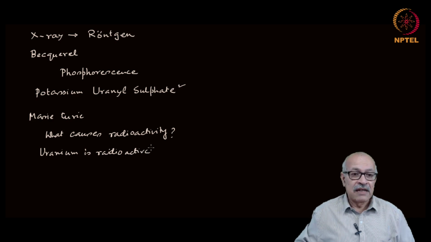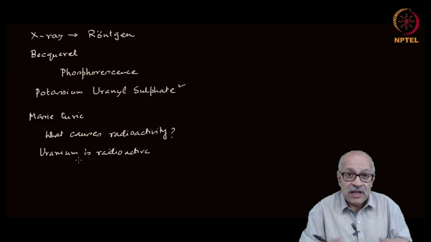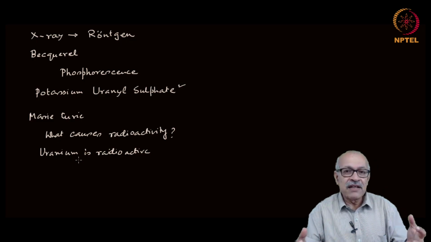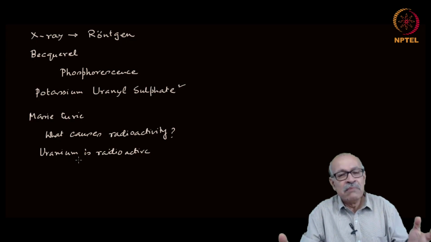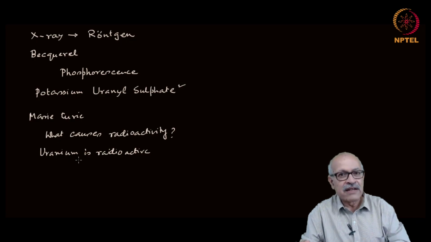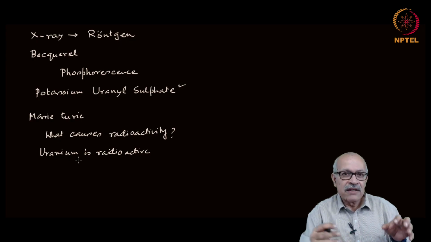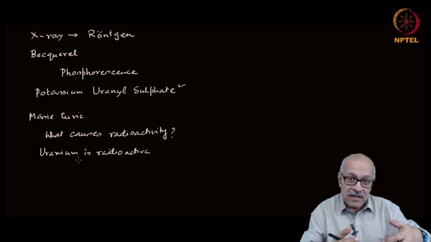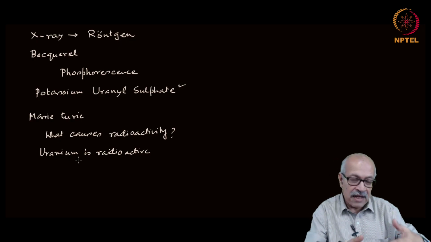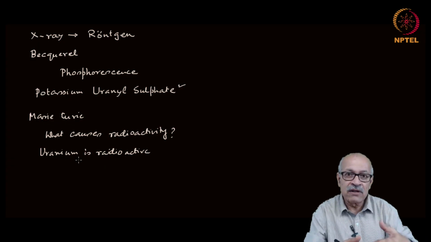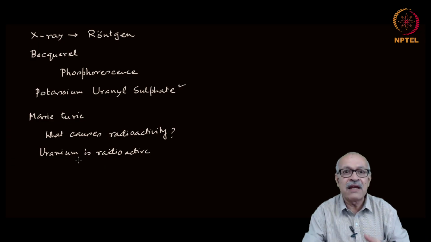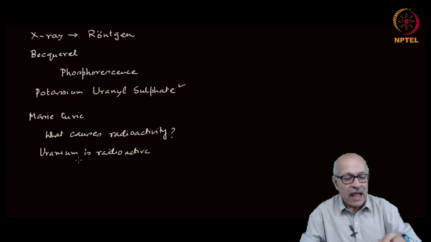She then asked, is uranium the only element that is radioactive? In order to test that, she gathered a few different minerals, chemically analyzed them and isolated the different compounds in each mineral, and tested each one for radioactivity.